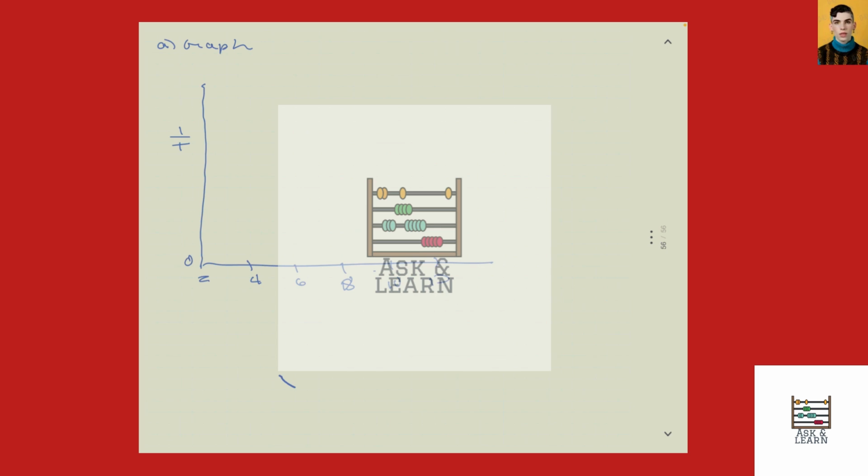Here I have 0, 0.5, 1, 1.5, 2, 2.5, and 3. So 3 and 12. Let me go up to 12 here and 3.